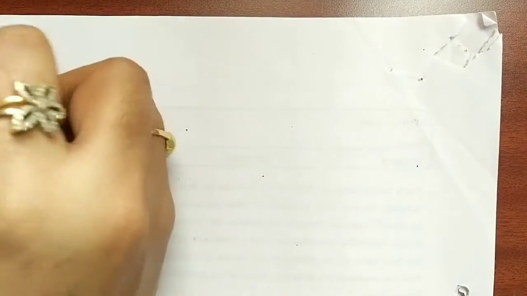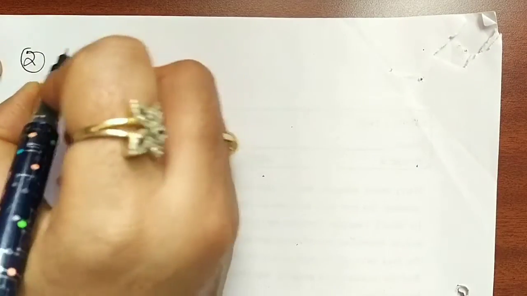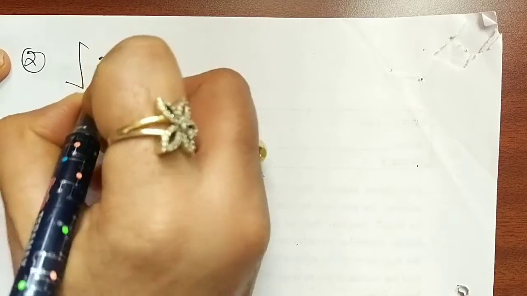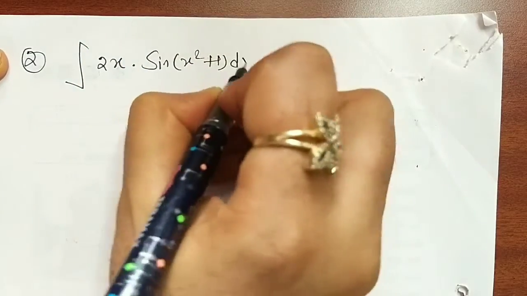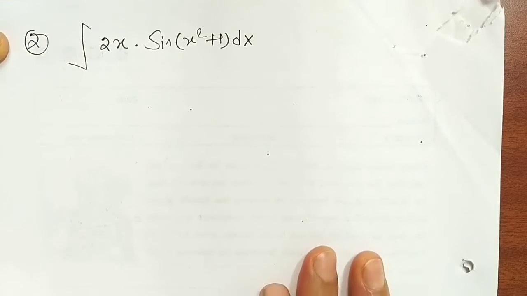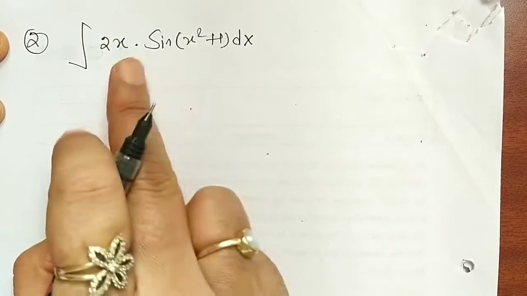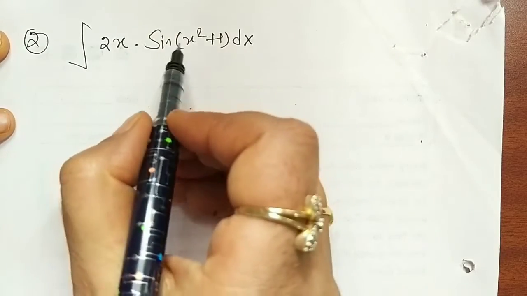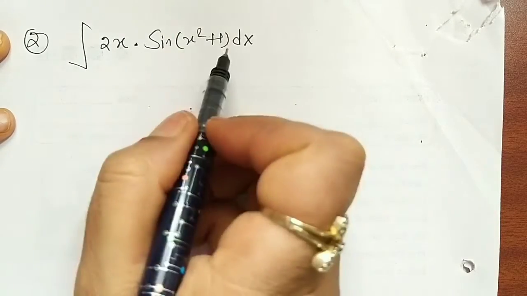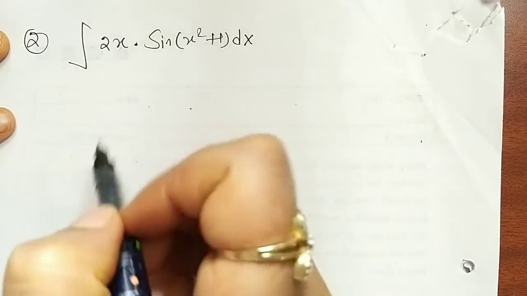So let's see here. Let's take the second example, guys. They have given integration of 2x sine of x square plus 1 dx. So how to see this? This is not even close to any formula that we know. Okay, so in substitution you have to find something whose derivative is present in the question.